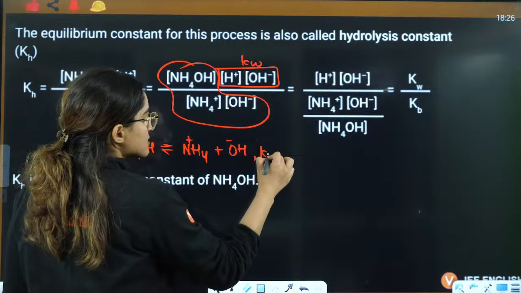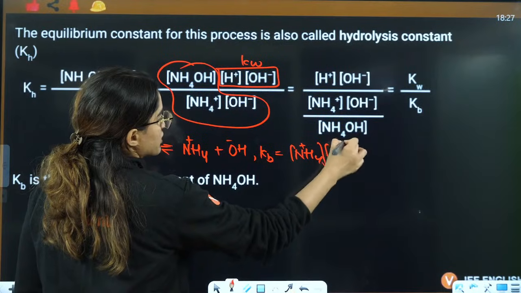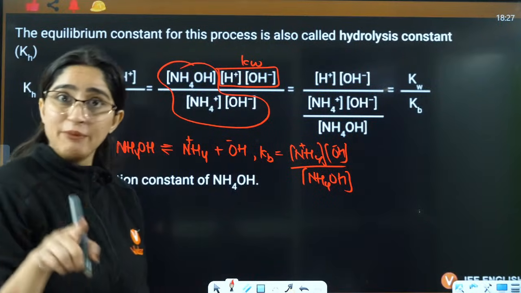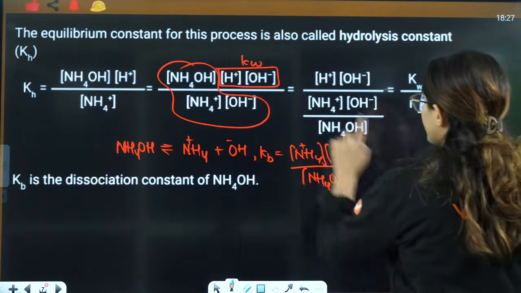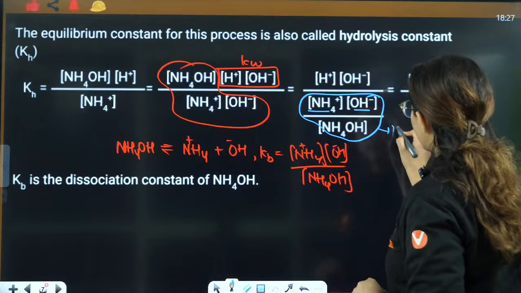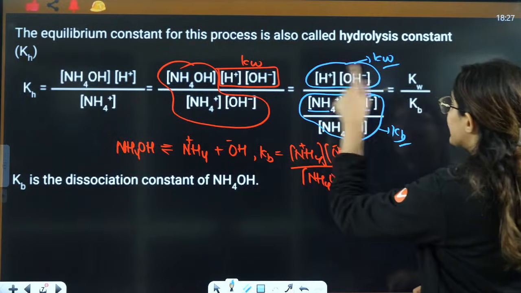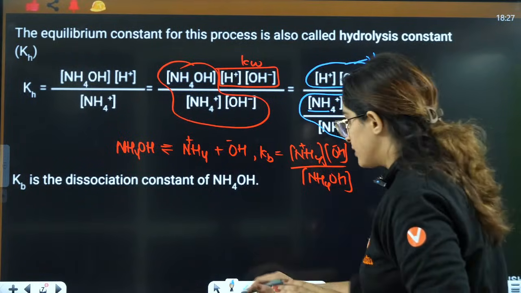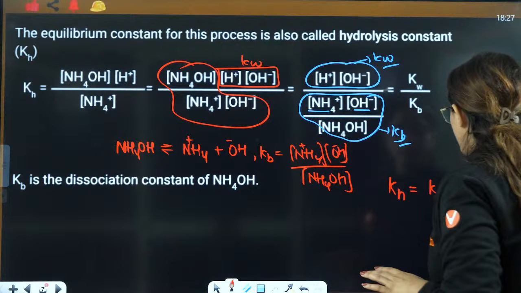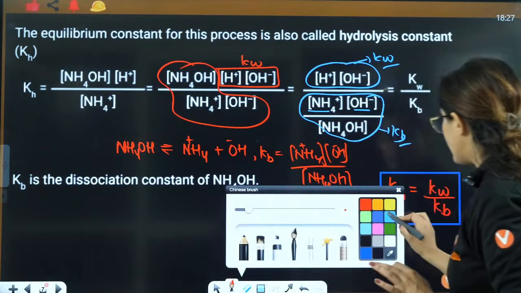So Kb is equal to NH4 positive multiplied by OH negative divided by NH4OH. Now you know the value of Kb here. So this divided by this is nothing but Kb, and this is nothing but Kw. So the answer is that Kh is equal to Kw by Kb. You can write it over here, Kh is equal to Kw by Kb.